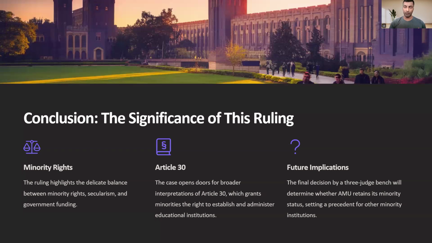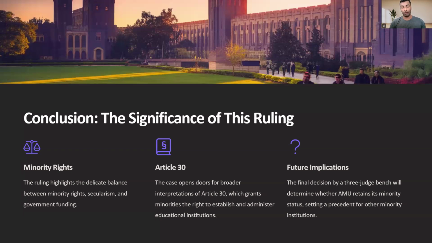The ruling opens doors for broader interpretations of Article 30 and may set a precedent for other minority institutions in India. This case emphasizes the importance of historical context and legislative intent in understanding the status and functioning of minority institutions in a secular state.